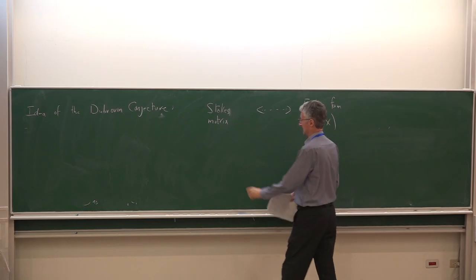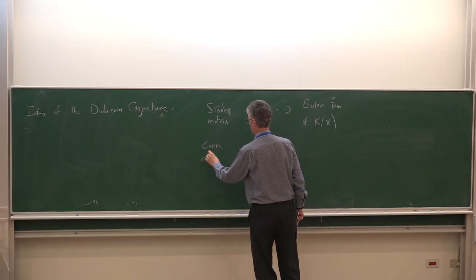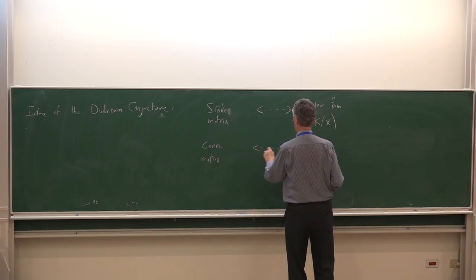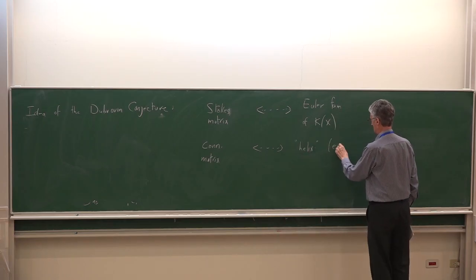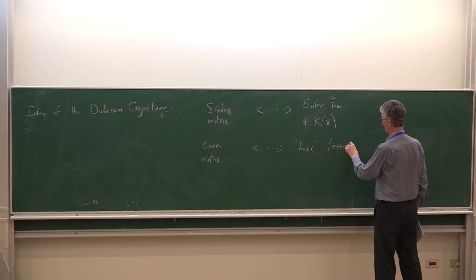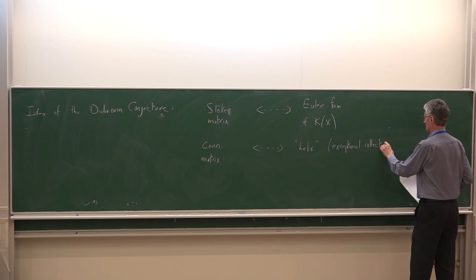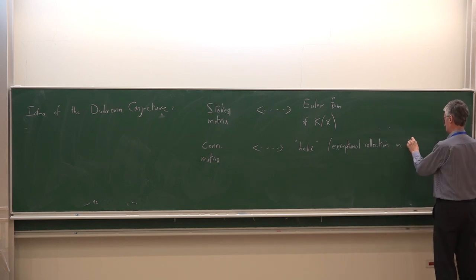And the connection matrix, the central connection matrix, is somehow related to something called a helix. It has to do with exceptional collections in the derived category of coherent sheaves, or in K(X) basically.